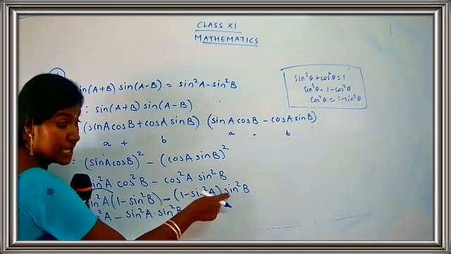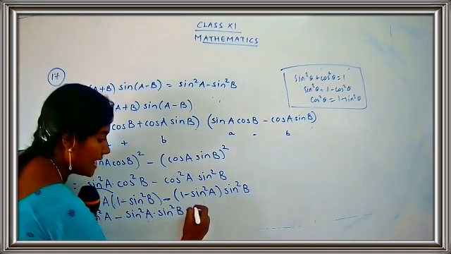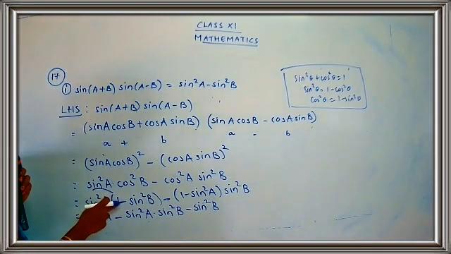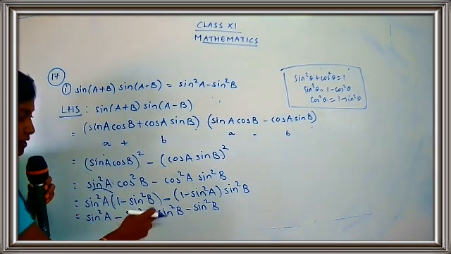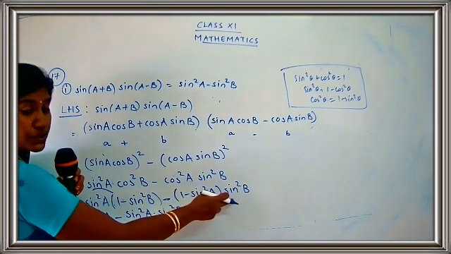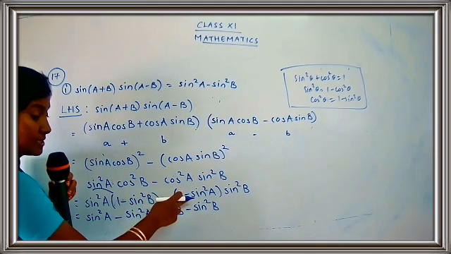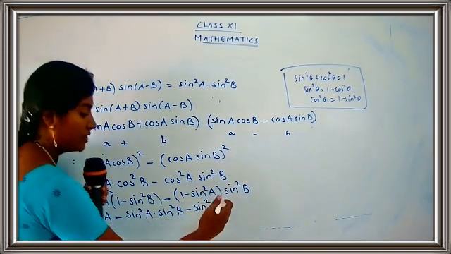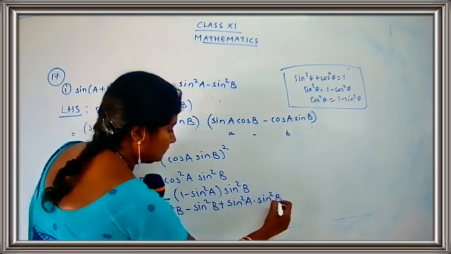Minus 1 into sin²B, so it's minus sin²B. Here, sin²A into minus sin²B, so I get minus sin²A into sin²B. Minus into minus, what is minus into minus? Plus sin²A into sin²B.